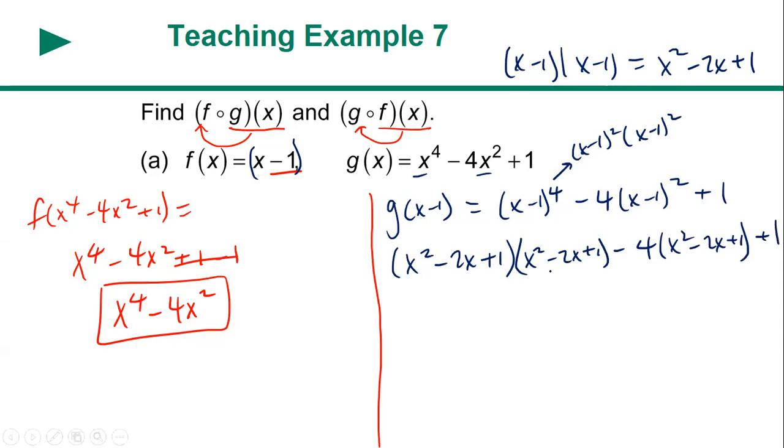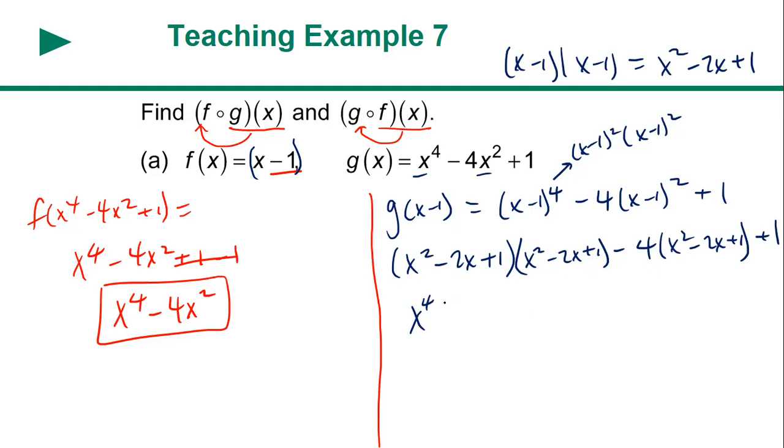Here you have the choice to distribute or to use the box method. So if you need to see it better organized, be able to combine, that's where your box comes in handy. If you're fine with doing multiple distribution, whatever is your preference, that's what you do. Does that make sense?